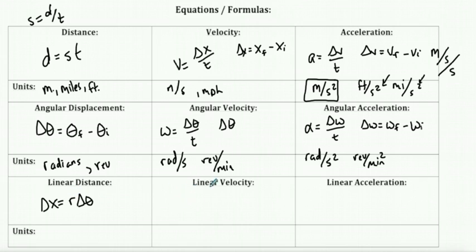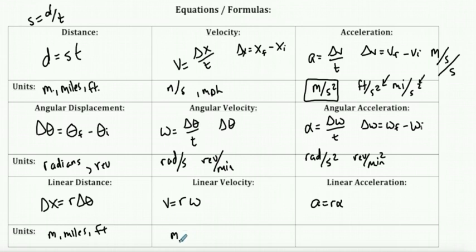So if we want to go from angular velocity to linear velocity, that would just be v. We're going to take the radius times the angular velocity. So if we want to get to linear acceleration, that's going to be a equals radius times angular acceleration, which is alpha. Okay, so our units here would just be the same as the ones above. So meters, miles, and maybe feet, depending on what we're looking at.